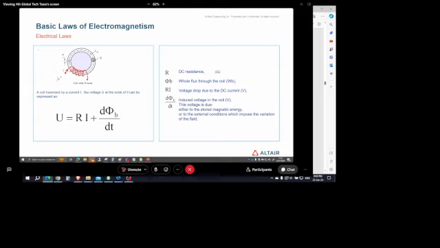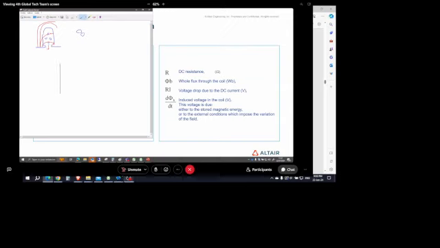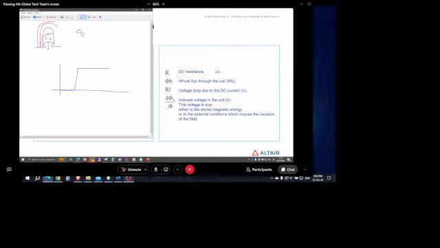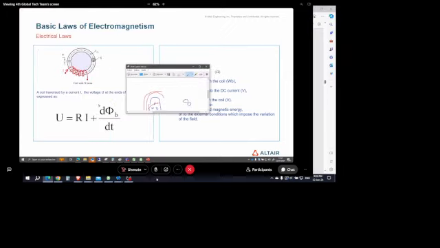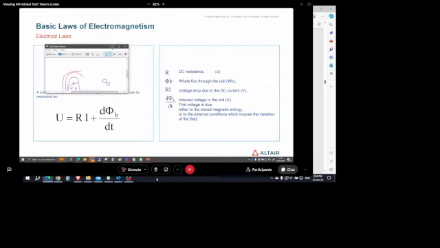So if we supply with a DC current, there is no magnetic flux variation, and when the current is continuous, this voltage will be 0.